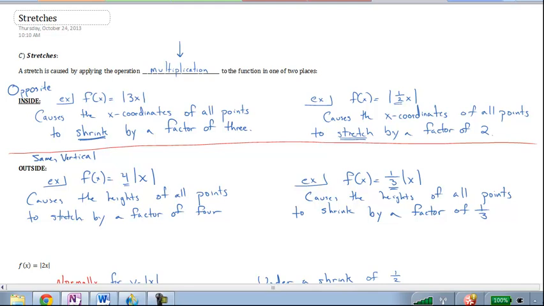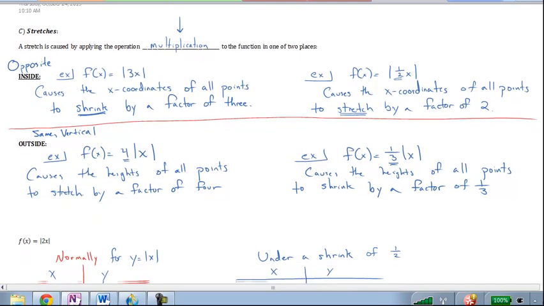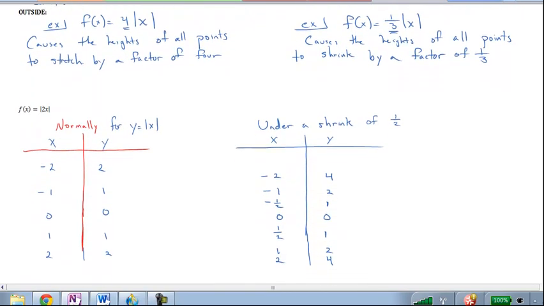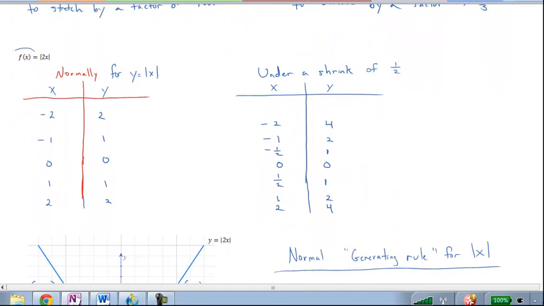Let's take a look at what would happen numerically under a particular type of transformation. So if I want to look at the function absolute value of 2x, given what we just looked at, that would be a shrink horizontally of a factor of 2.